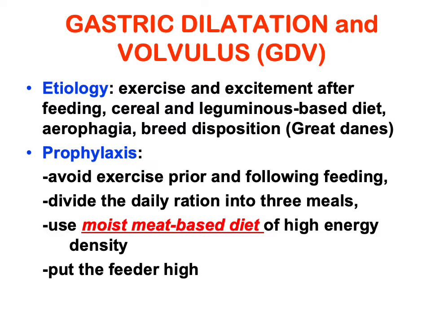The prophylaxis of the gastric dilatation and volvulus is very simple. Avoid exercise prior to and following the feeding. Divide the daily ration into 3 meals. Why do you have to emphasize this? This is a typical human rationing.